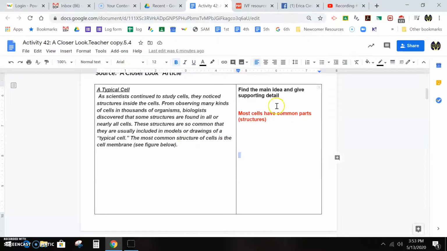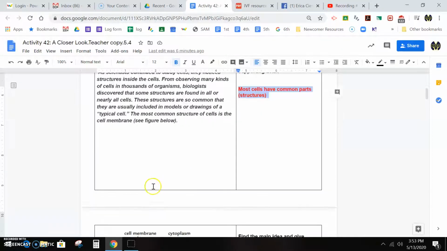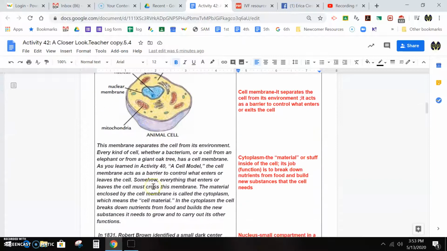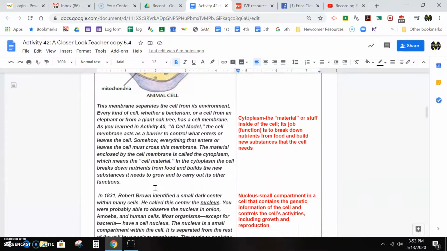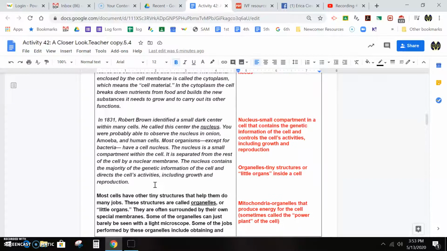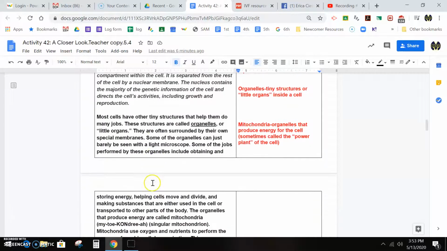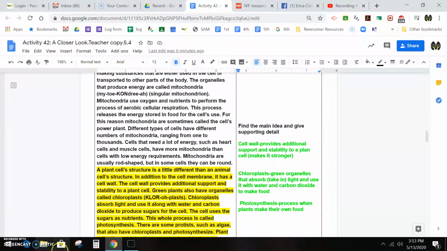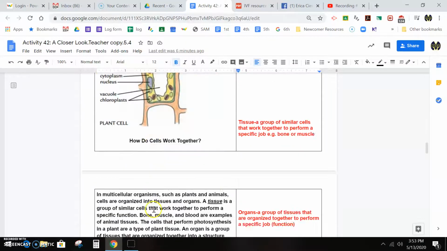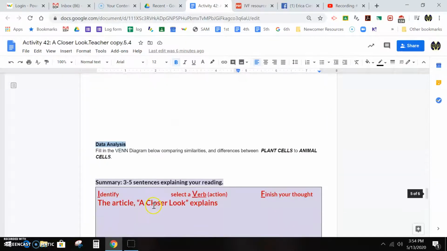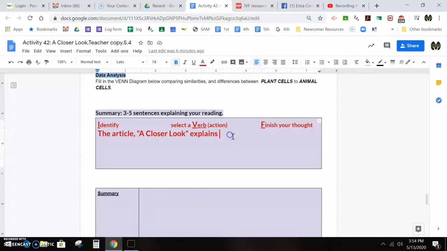So one of the first main ideas that I put down was most cells have common parts or structures. That's a really important idea because if you look, when we scroll down, most of this article is about the parts of a cell or the structures inside of a cell. So when I go down to my summary, I'm going to finish my thought.